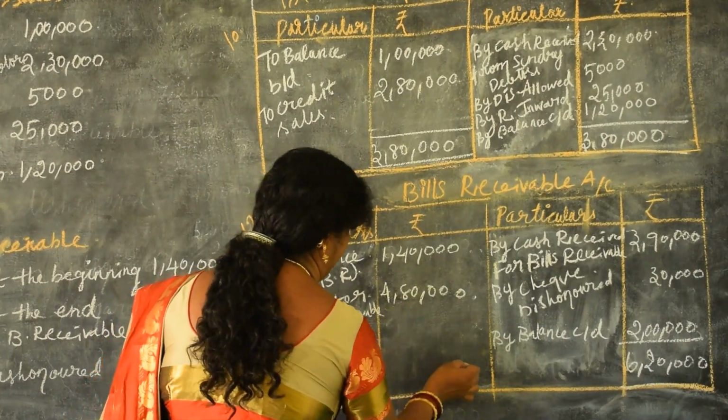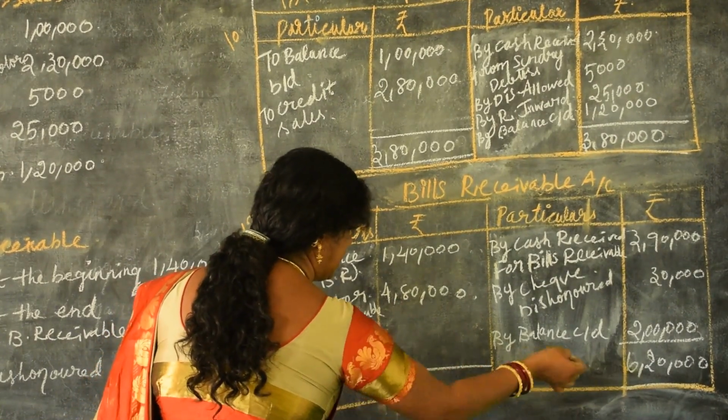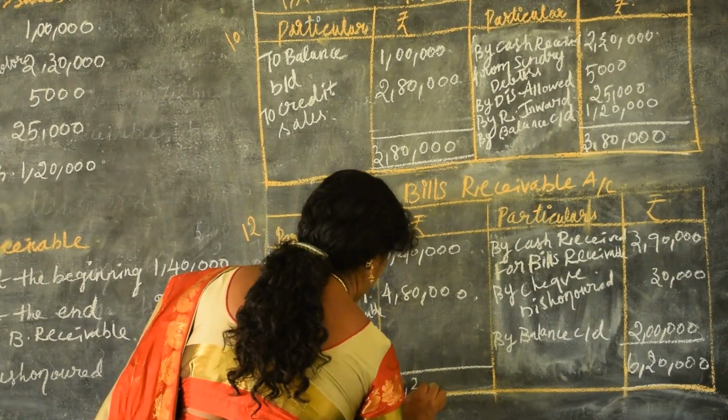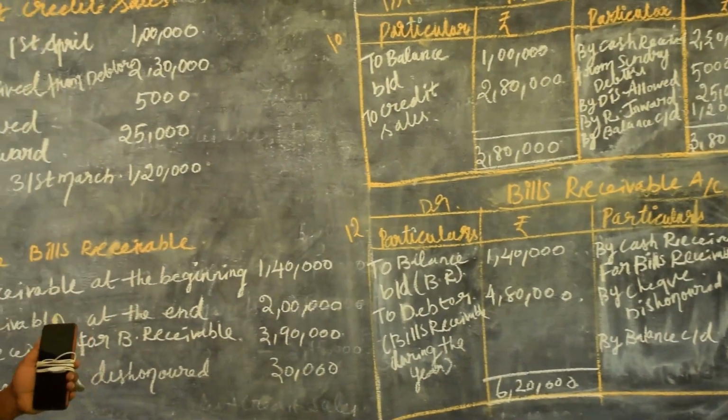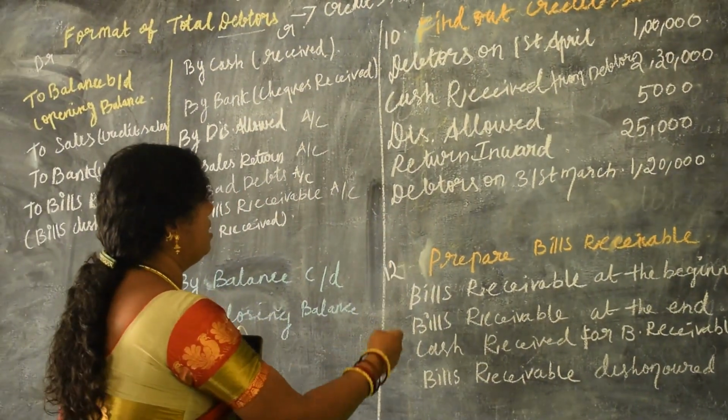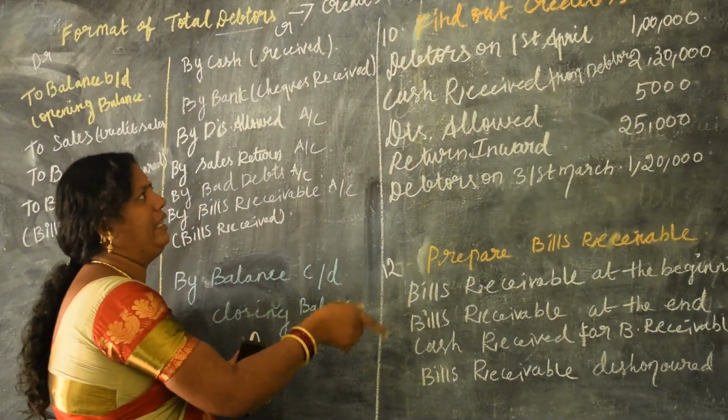What is the amount? 4,80,000. Write it in the same line, that is 6,20,000.